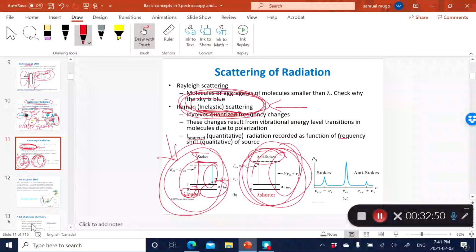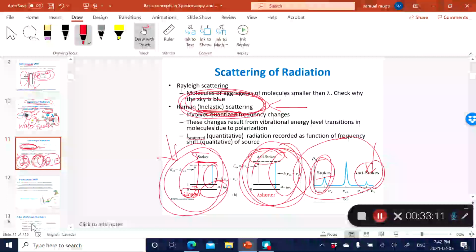Now, you're going to see the spectra that you typically get in Raman spectroscopy. The larger peaks are what you refer to as the Stokes, because that's the higher probability of taking place. And the anti-Stokes is typically a much smaller peak in Raman spectroscopy, because it's unlikely to actually happen.